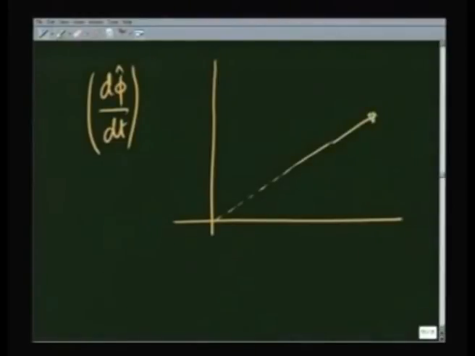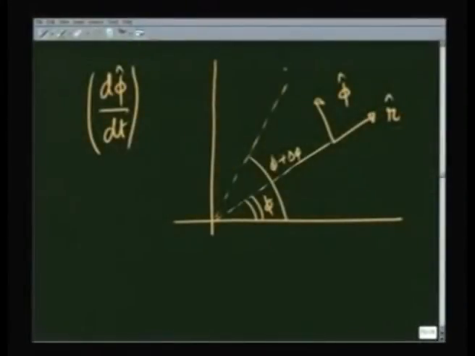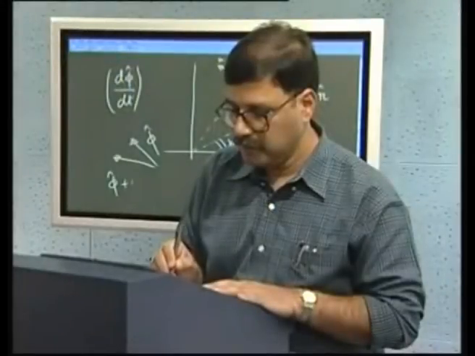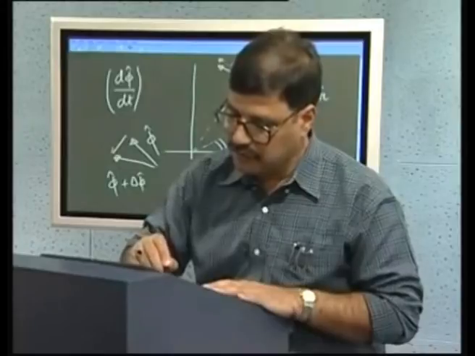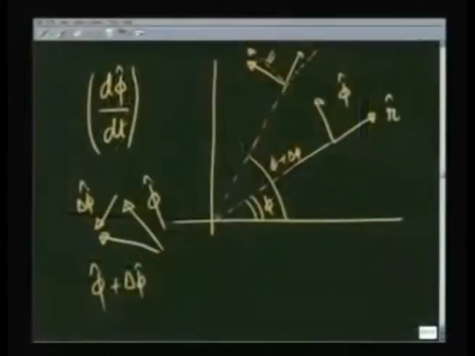If you look at it geometrically, this was my r unit vector and this is the phi unit vector. When I move to a new position, this was phi, this is phi plus delta phi. Both unit vectors have also moved from their original direction by angle delta phi. This was my original phi, which is this vector, and the new phi is like this, and this is the change delta phi in the unit vector.